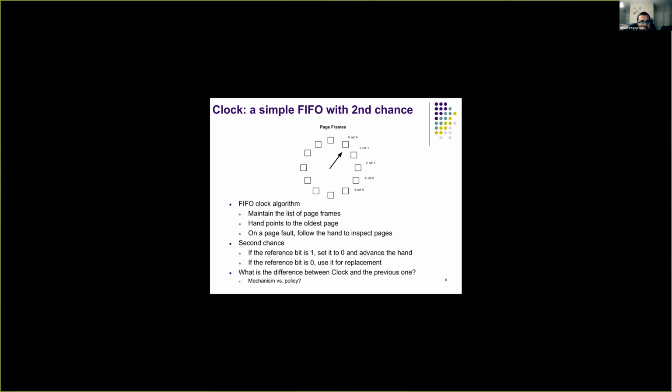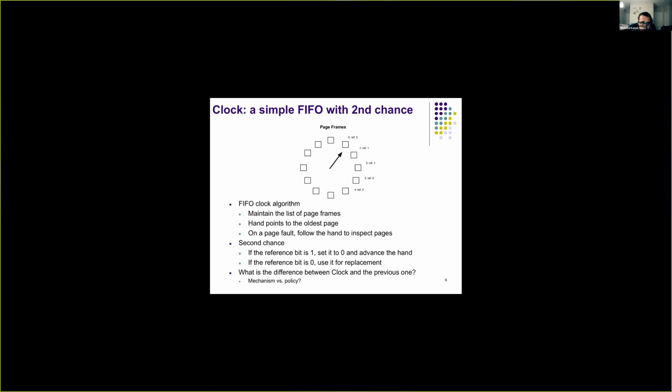So here, note that we are not moving the elements, rather we are moving the clock hand, which is more efficient than maintaining a queue of physical frames, right? We just need to maintain only one index. At any time when we need a page, we just look at the page pointed to by the clock hand. If the reference bit is 0, then that's our victim page.